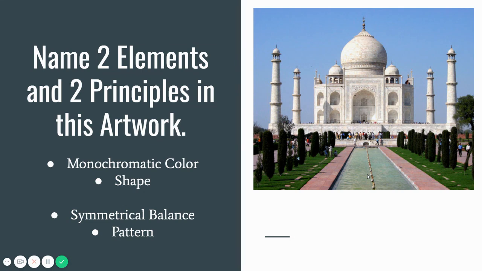And then I also chose pattern because even though it's a monochromatic color scheme, if you do look closely, the entire facade of the Taj Mahal is covered in elaborate patterns, repetition of shapes and lines, a lot of arabesque patterns because it has that lovely Islamic influence. So I also chose pattern.